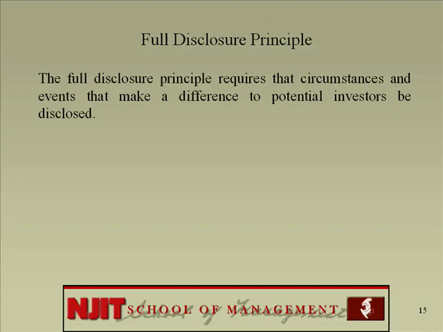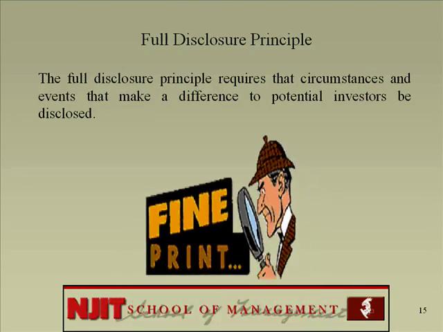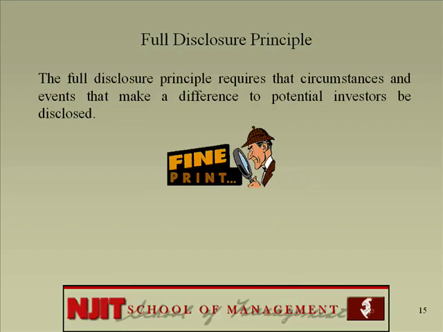The full disclosure principle requires that circumstances and events that make a difference to potential investors must be disclosed. The company must disclose everything that would interest you as a potential investor. Let me tell you a story. Years back, a company called Manville Corporation.